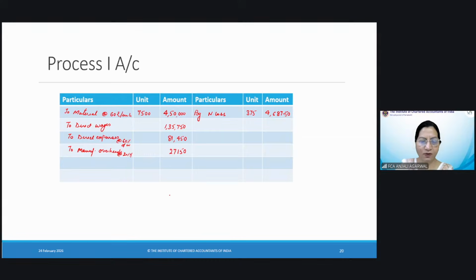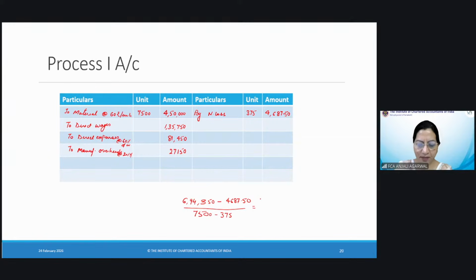So this is your total cost, 6,94,350, minus the amount realized from sale of normal loss, 4687.50, divided by total introduced units, 7,500, minus normal loss units, 375.